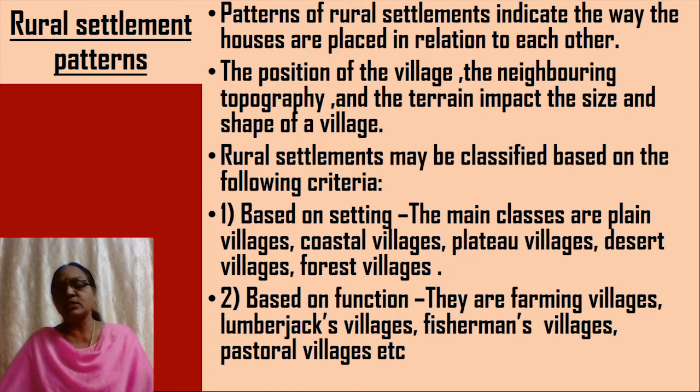If it is constructed along a plateau, we call it plateau villages, or in deserts, it is a desert village, and forest villages. So, based on setting, we can classify rural settlements as plains, coastal villages, plateau villages, desert villages and forest villages.